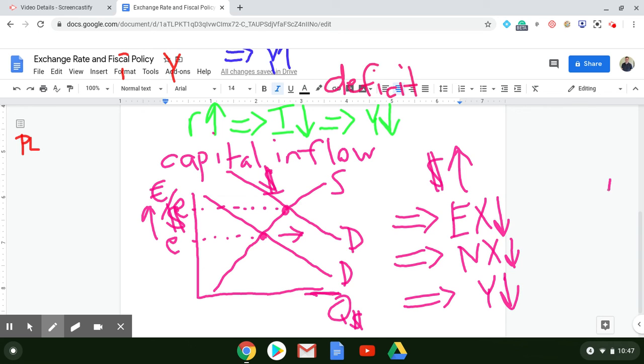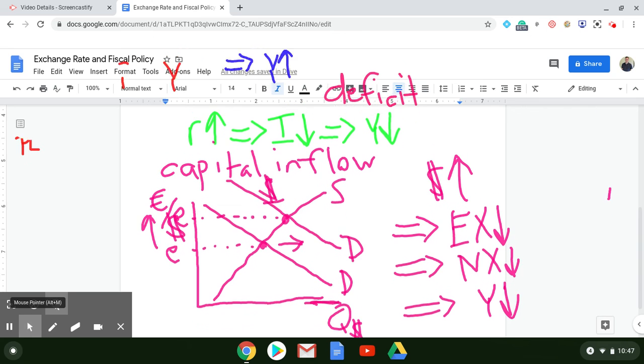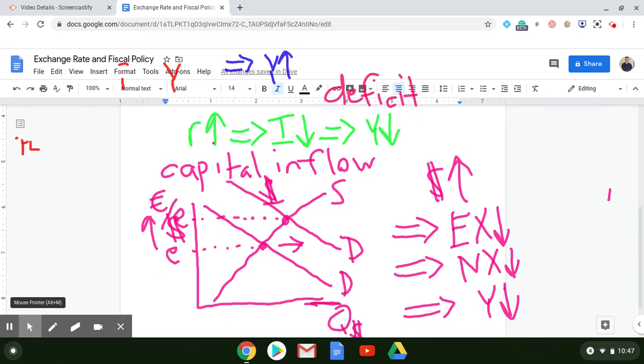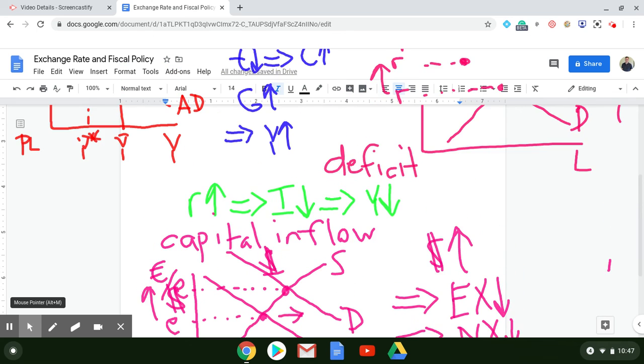So, kind of the same effect that you had with the crowding out due to the interest rate increase. Because of this interest rate increase, net exports also decrease because that causes the currency to appreciate. So as the currency appreciates, the output goes down even farther.